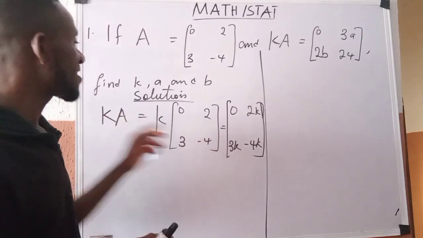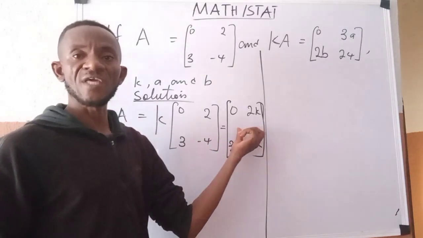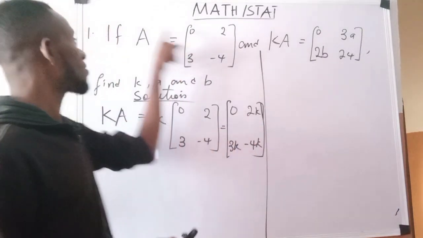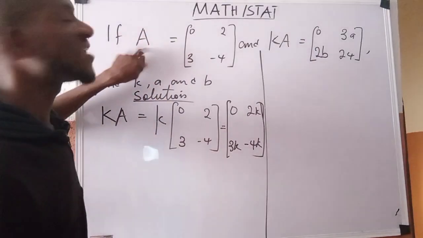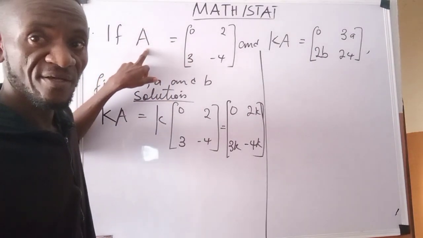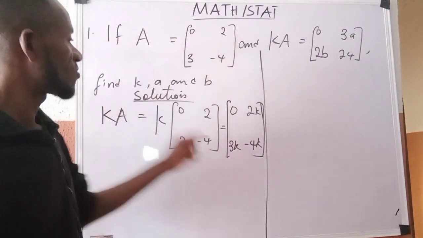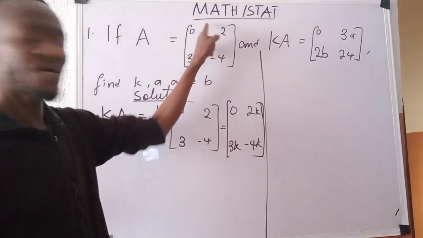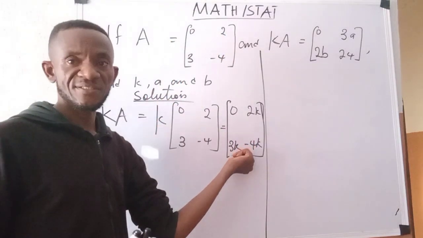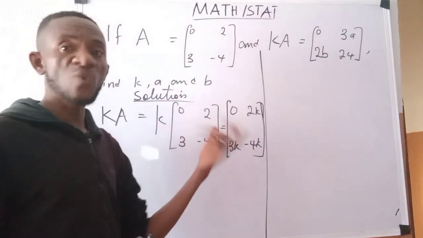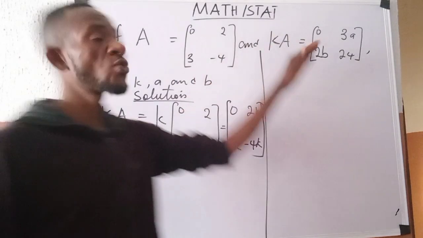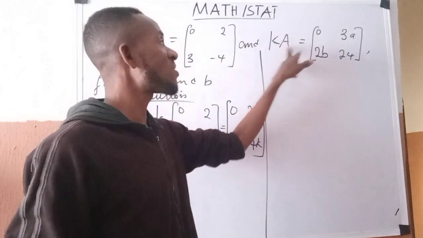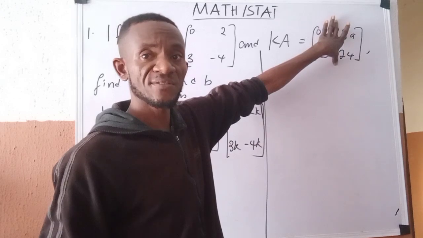So my KA is given like this, based on the information they gave me on the nature of A. I only used the K to multiply this matrix A, and I arrived at this. However, in the question, they had told me that KA equally is given as this.